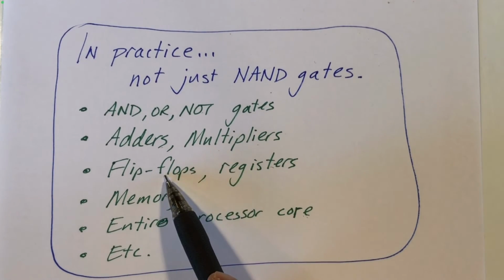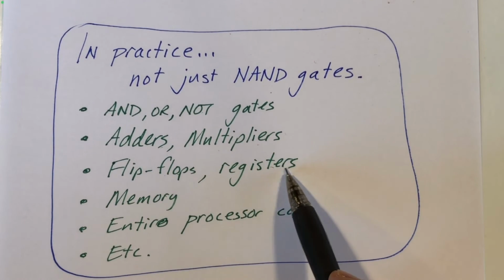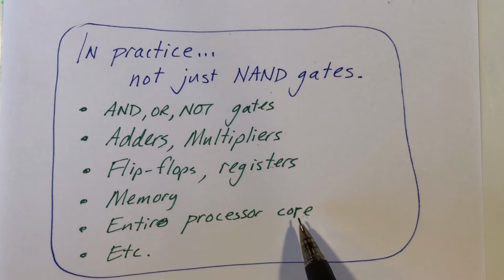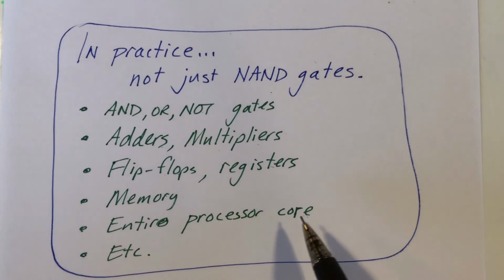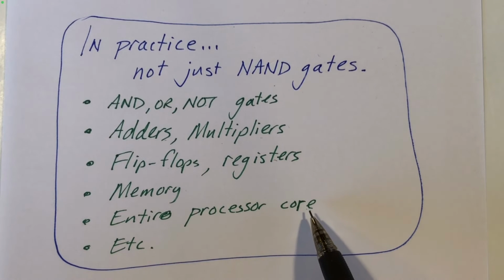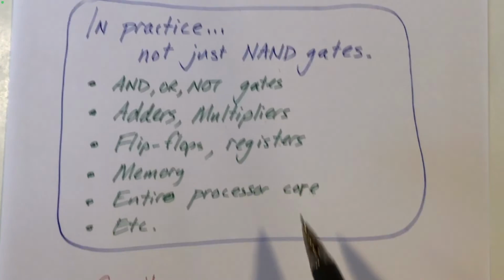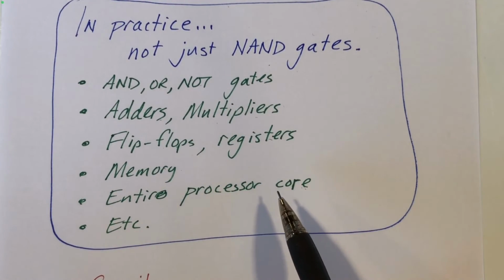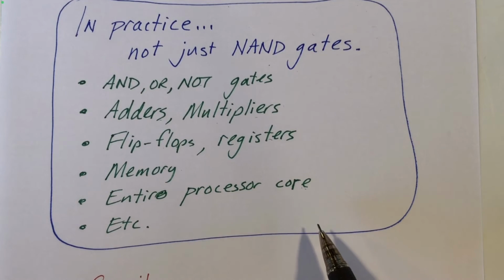We will also see flip-flops or register arrays or even a large memory array. And in fact, we might have an entire processor core fabricated on the IC along with the gate array so that we can use that rather than having to program in the processor. And so this makes the FPGA a lot more functional, and you can get a lot more stuff onto a single chip this way.